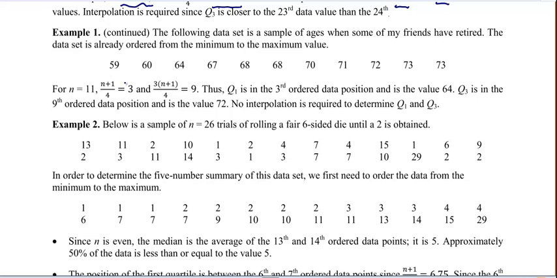I just thought I would point out in this example the positions of the quartiles. So we had n equals 11 data values, and 11 plus 1 is 12, over 4 is 3. So I count in 3: 1, 2, 3, and 64 is Q1, and that's what we had on the other page. If we put 11 into this formula, we get 9 for the position of Q3. So 1, 2, 3, 4, 5, 6, 7, 8, 9.